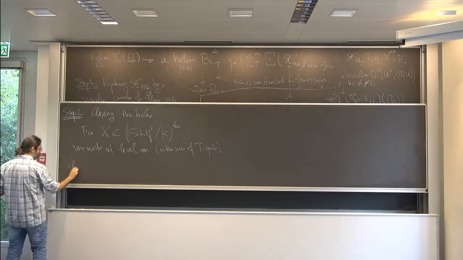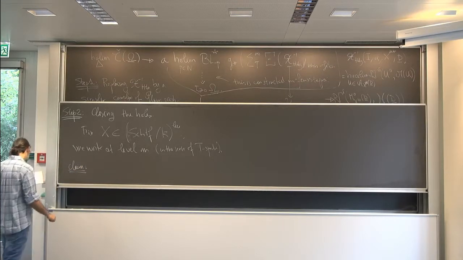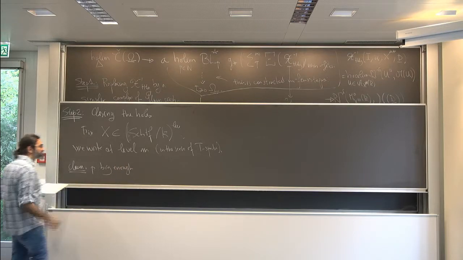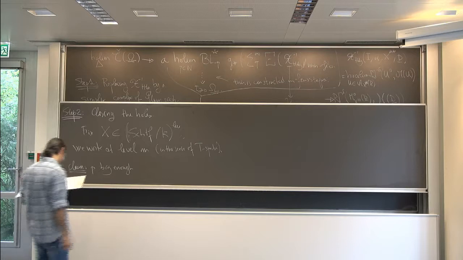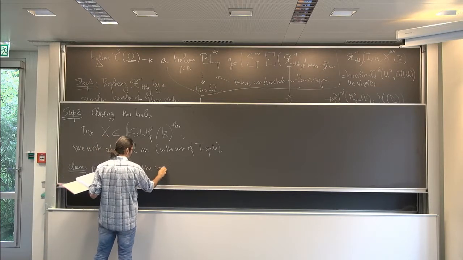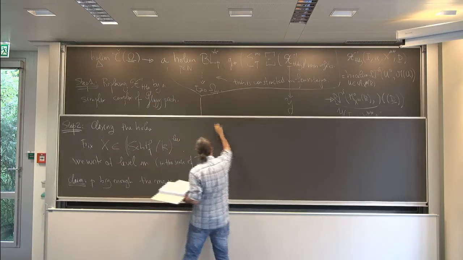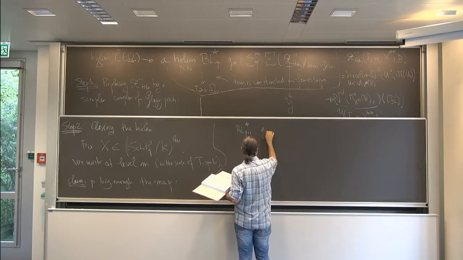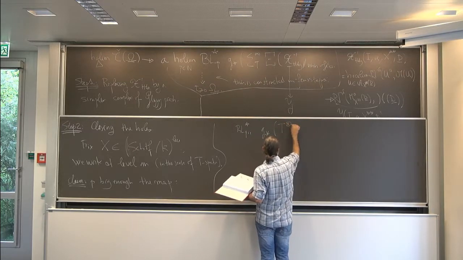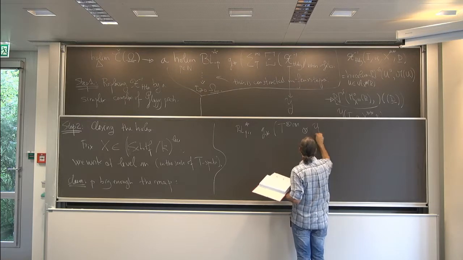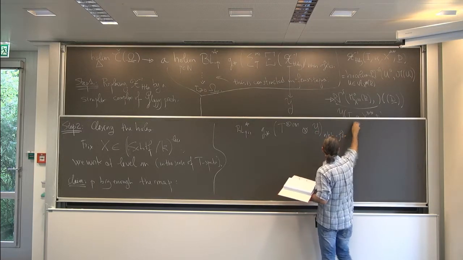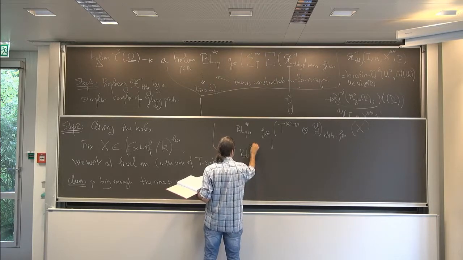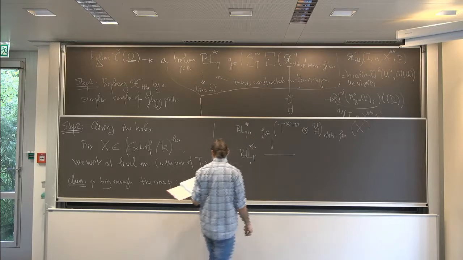So here's a claim: for p big enough, with respect to X and m, the map in the Bloch-Levin tower, from the p-th term to the (p plus 1)-th term, evaluated at X, is a quasi-isomorphism.